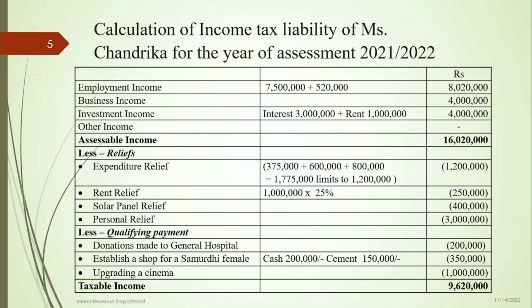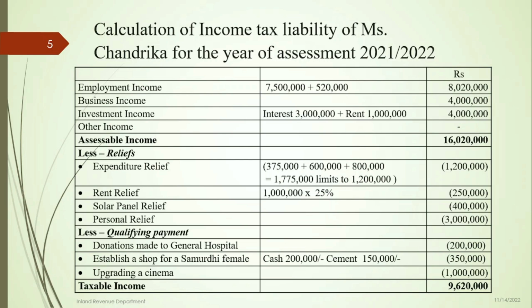She is entitled to deduct rent relief, that is 25% of the total rental income. In this case, she has received 1 million as total rental income. Out of that 1 million, 25% will be a rent relief. That means 250,000.